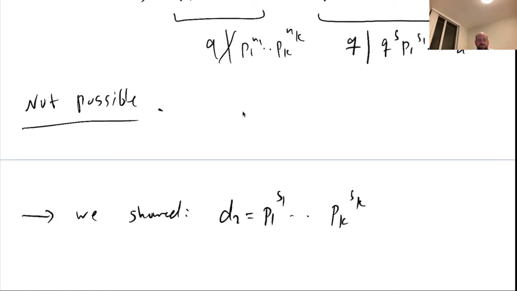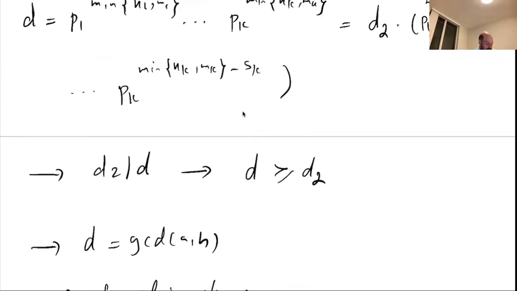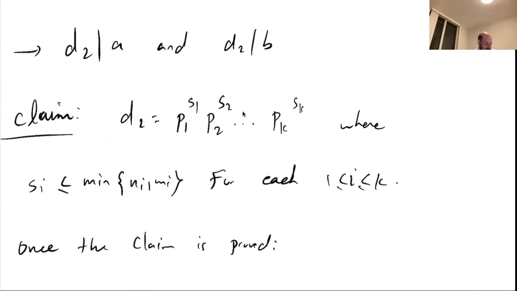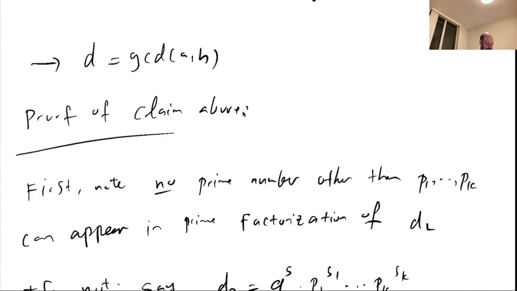Each one to some power, let's say S1 to Sk. Now, my second part of the claim was that each of these powers must be less than or equal to the minimum of Ni, Mi. So this part we can prove by contradiction.